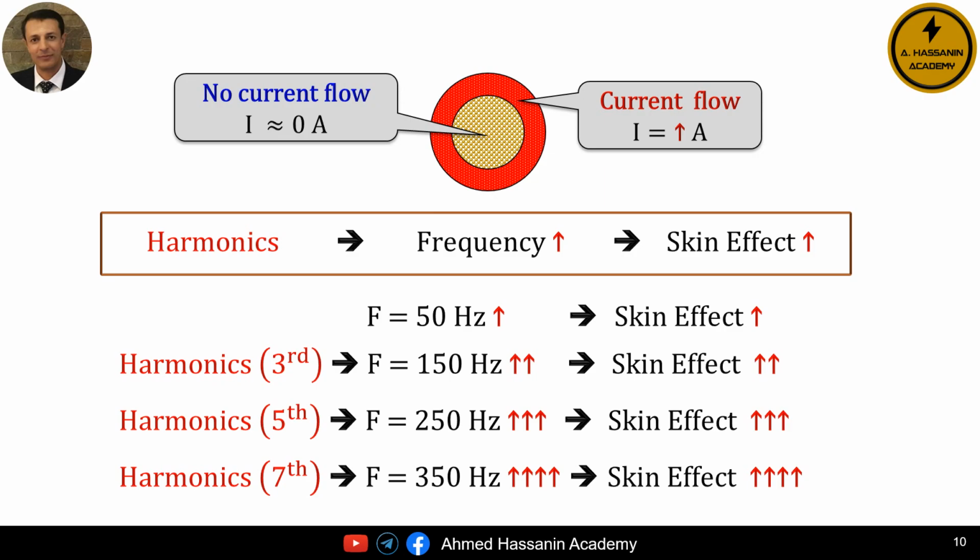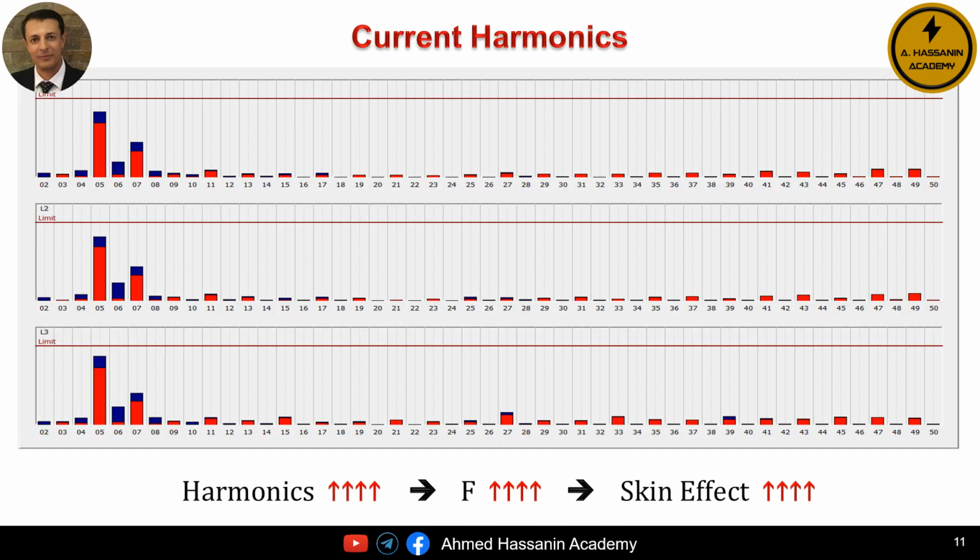Of course, definitely yes, they do exist. As we can see before us, there is a real practical image of the harmonics present on an 11 kilovolt voltage cable. In the previous example, we talked about harmonics of the third, fifth, and seventh orders, but imagine here that there are harmonics ranging from the second order up to the 50th order.